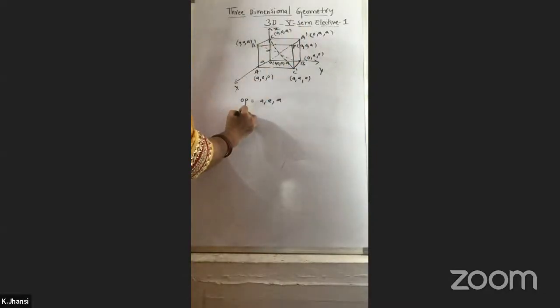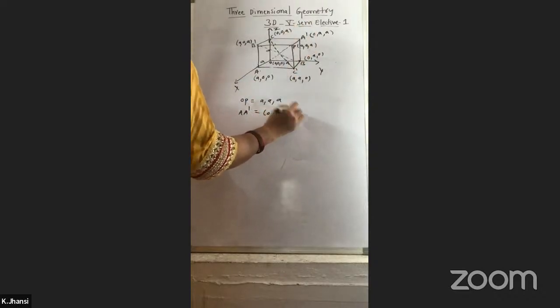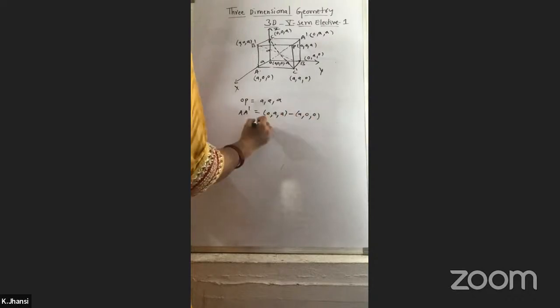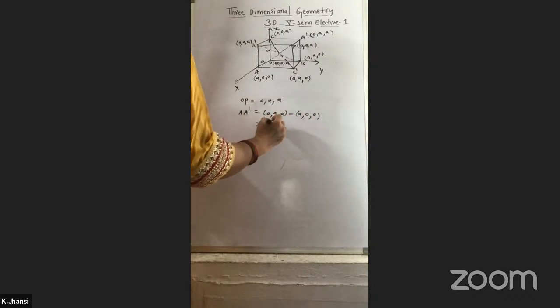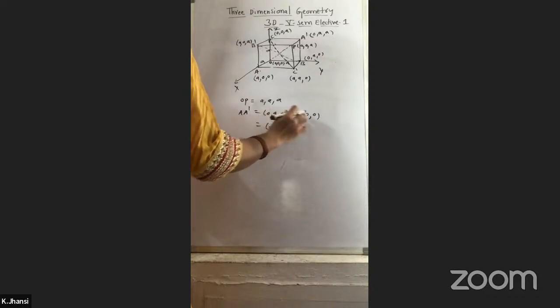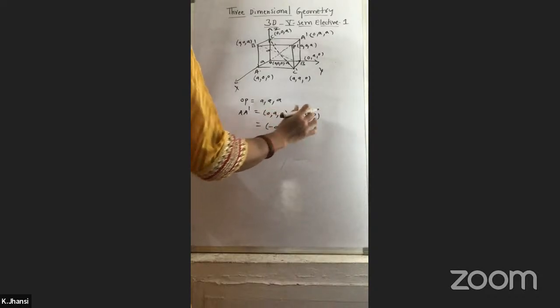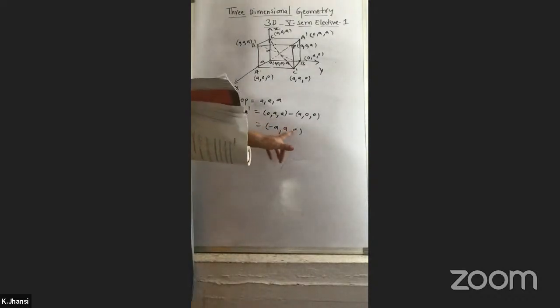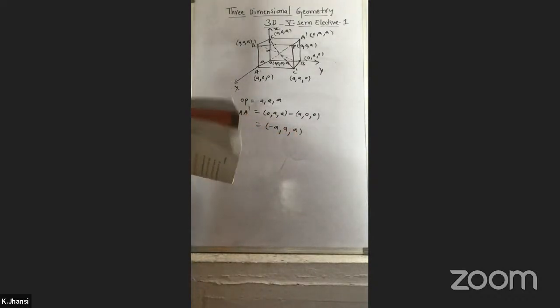Next, what is the next diagonal? A and A dash. A dash is 0, a, a. So you will get minus a minus 0 is minus a, and a minus 0 is a. So it is minus a, a, a for the A dash diagonal.